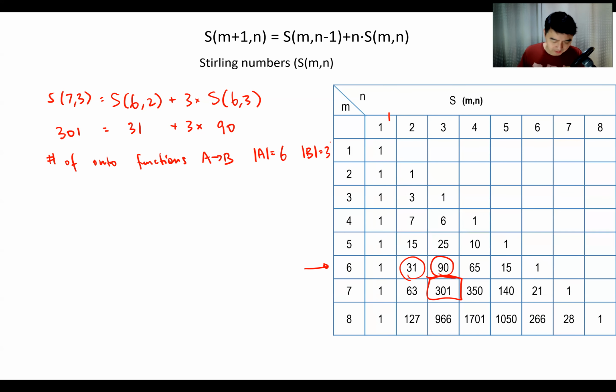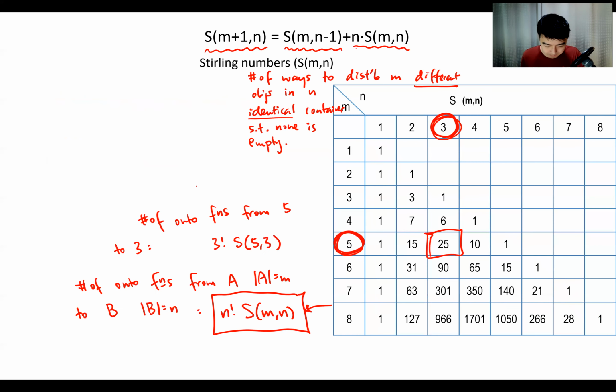We did an example earlier like this where I was feeding the kids sandwiches. I have 6 different sandwiches and I'm giving them to the 3 kids. So in this example, we are looking for the number of onto functions from 6 items to 3 items. We are looking for S of 6, 3, but we're multiplying by 3 factorial.